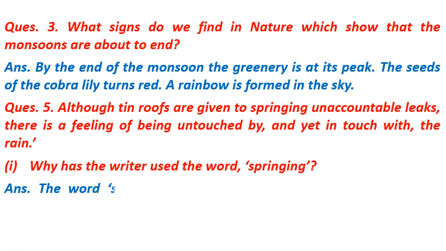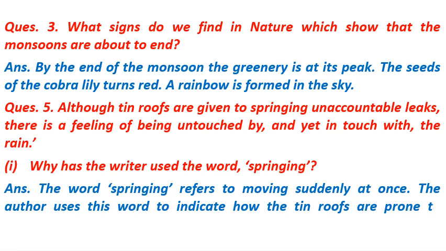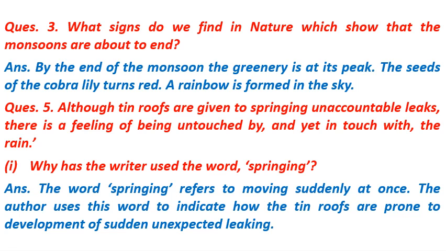The answer of the question is, the word springing refers to moving suddenly at once. The author uses this word to indicate how the tin roofs are prone to development of sudden unexpected leaking.